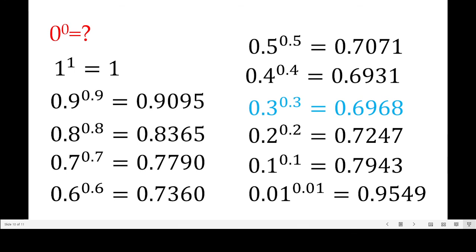Let's decrease further. For example, 0.01 to the power 0.01. Wow, it's increased incredibly. It's equal to 0.95. And if we continue, we see that 0.001 to the power 0.001 equals 0.9931.